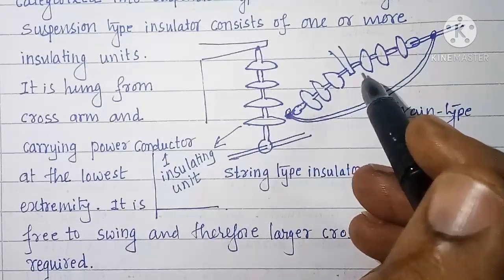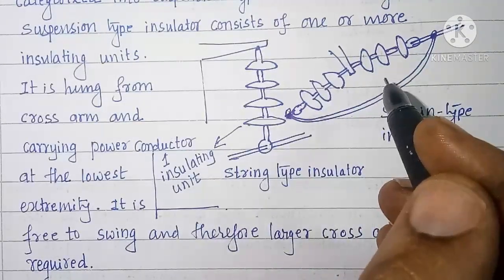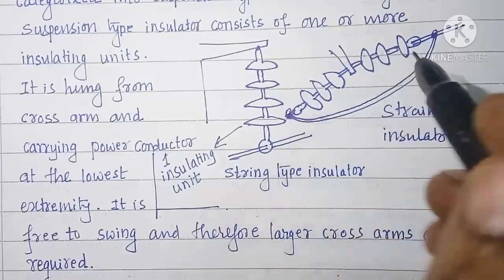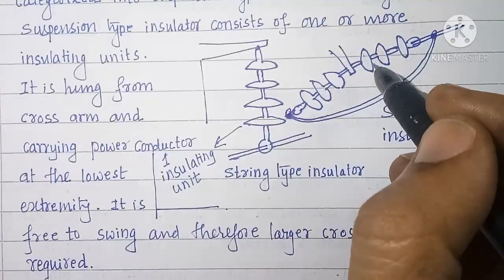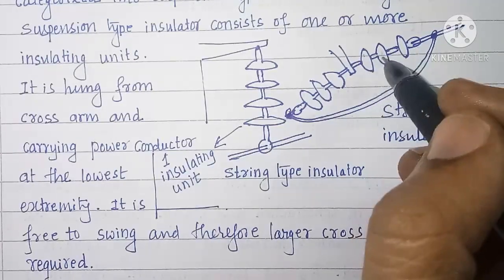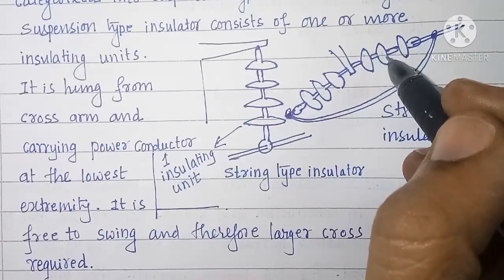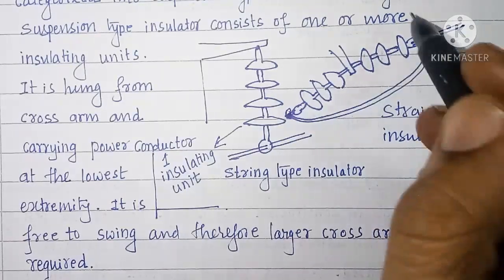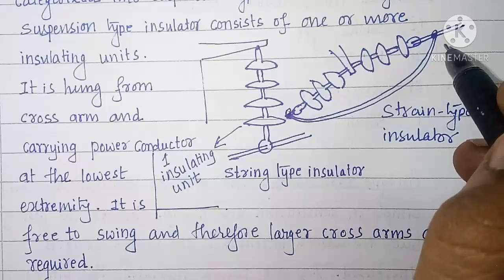Similarly, in this case also. But here, when these strings of insulators start to swing, there will be a chance of the neighboring conductors coming in contact.